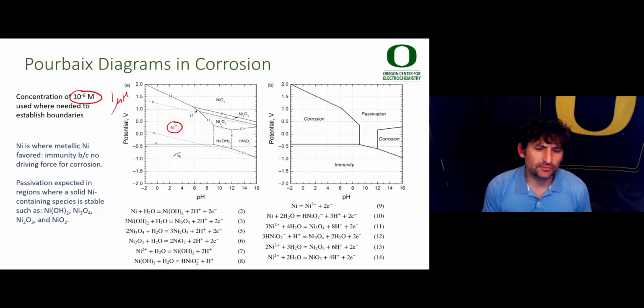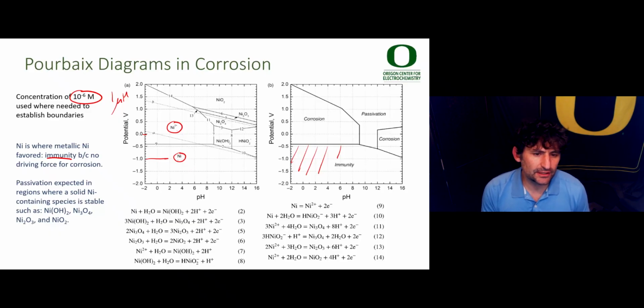If a potential is applied to a piece of nickel, and that potential is very negative, say down here, -1 volts versus SHE, that nickel will be in a region of immunity. Call that the immunity region. The electrode is poised at a potential where thermodynamically it can't corrode.